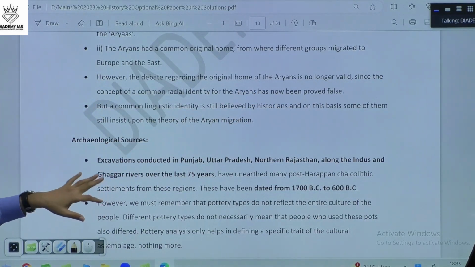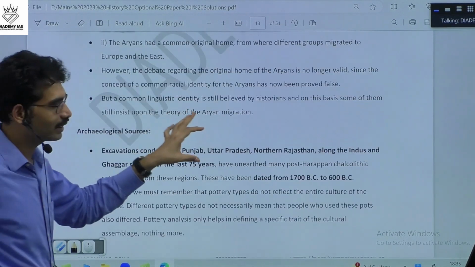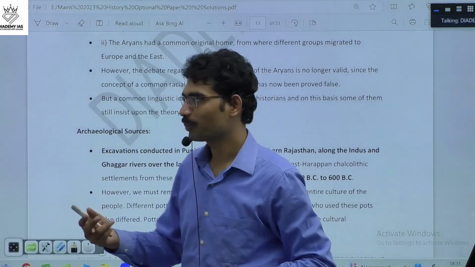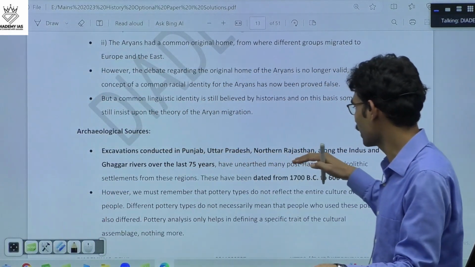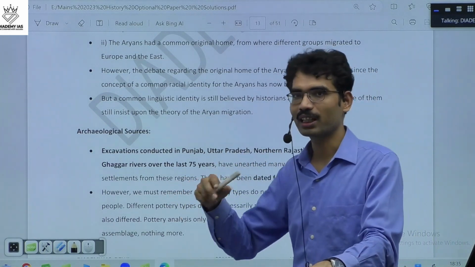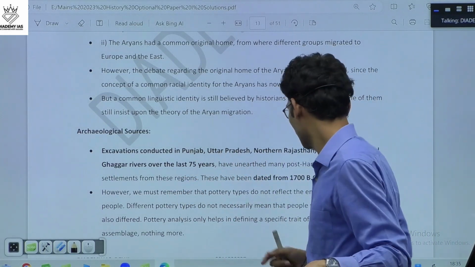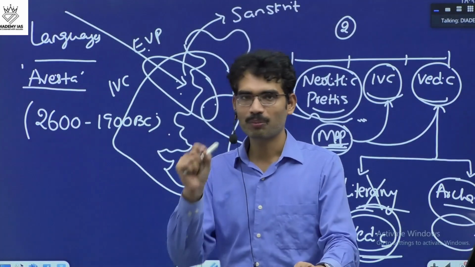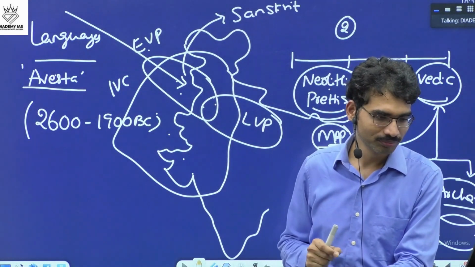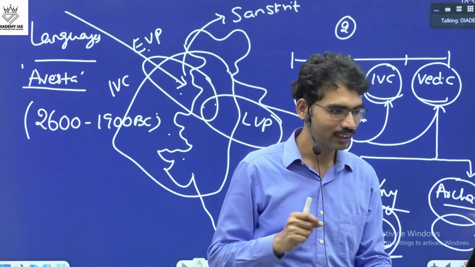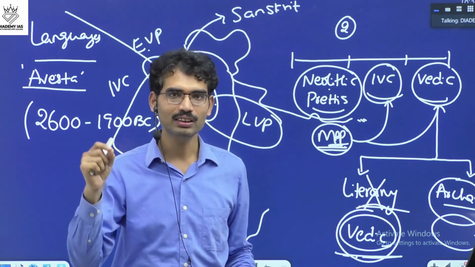Next one, archaeological sources. Excavations conducted in Punjab, Uttar Pradesh, and northern Rajasthan, where we have a different type of pottery. Any one of you can tell the pottery associated with Vedic people.